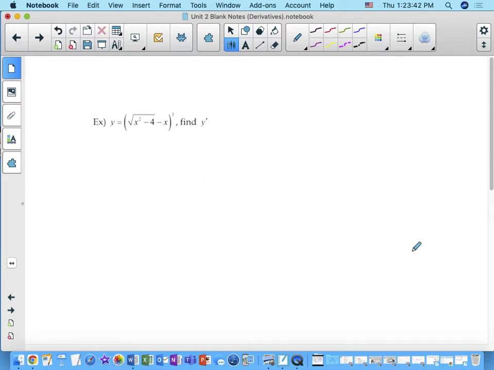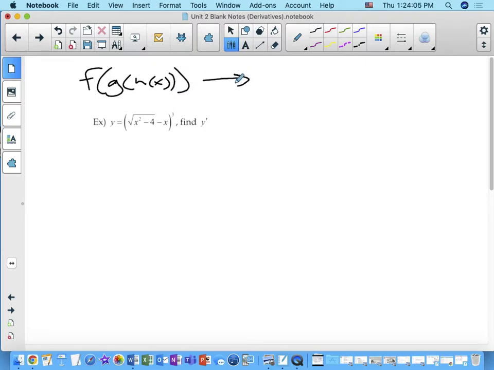But then inside this radical is something to the power 1/2. And I've got another function in there. So I'm going to have to apply this twice. Okay, so this is kind of like an f of g of h of x situation.